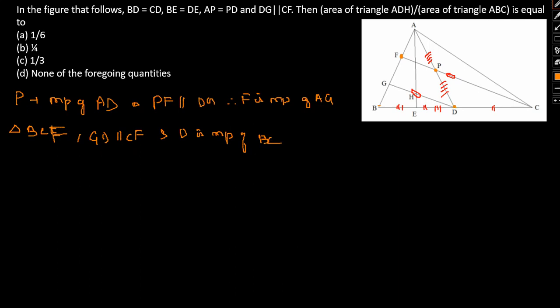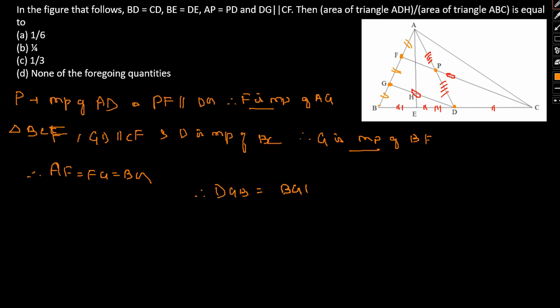So this would simply mean G is the midpoint of BF. Okay. So therefore AF is equal to FG is equal to BG. So basically we can make a conclusion from these two points. This will be equal to this, will be equal to this. Therefore we can further write DGB will be equal to BGF will be equal to DFA.